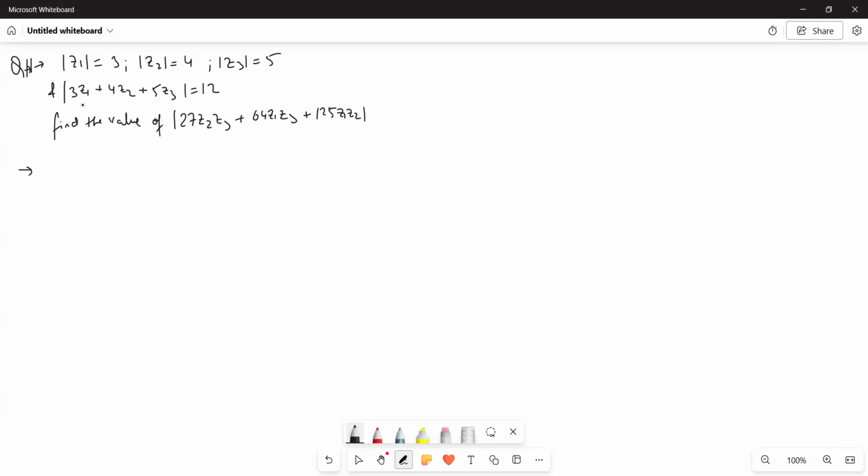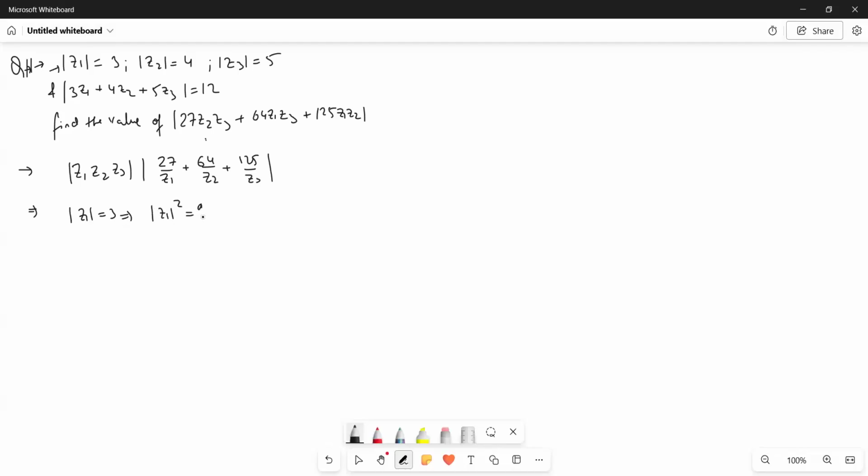Okay, method of solving this. From the expression required, we take Z1, Z2, Z3 out common. तो mod में क्या आएगा 27 by Z1 plus 64 by Z2 plus 125 by Z3. ठीक है. अब we go back to the first original given है. If mod Z1 is equal to 3, तो squaring both the sides आ जाएगा.